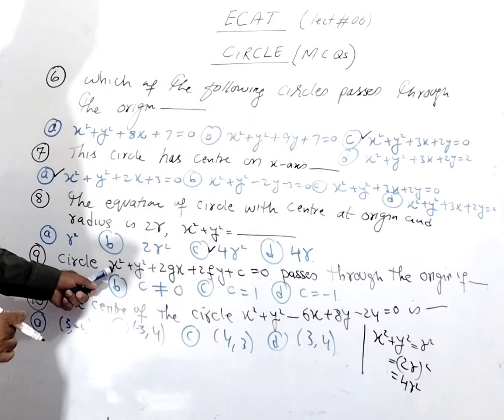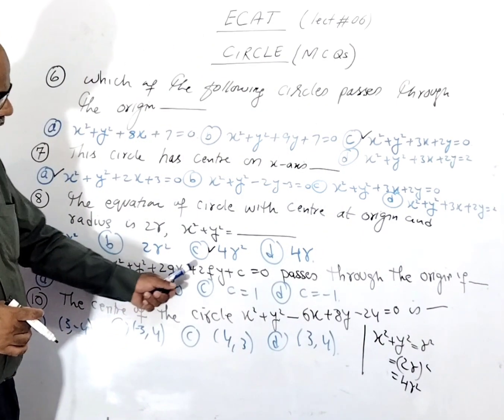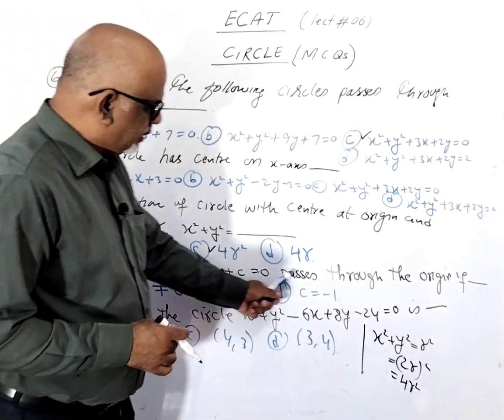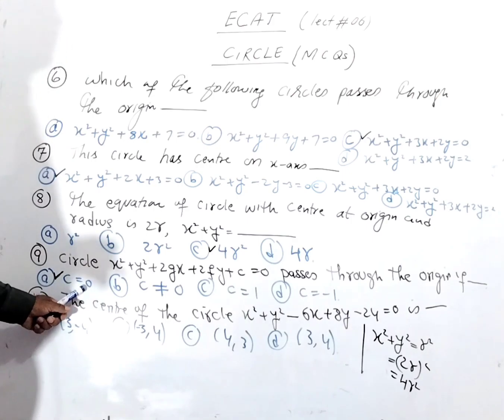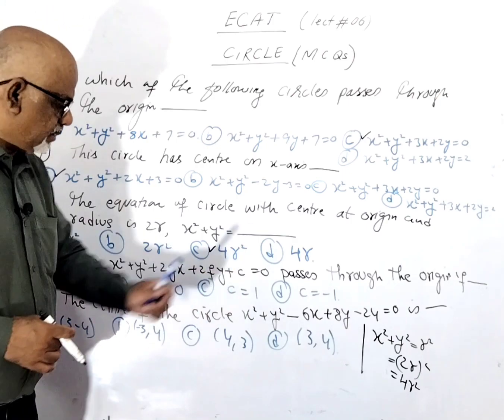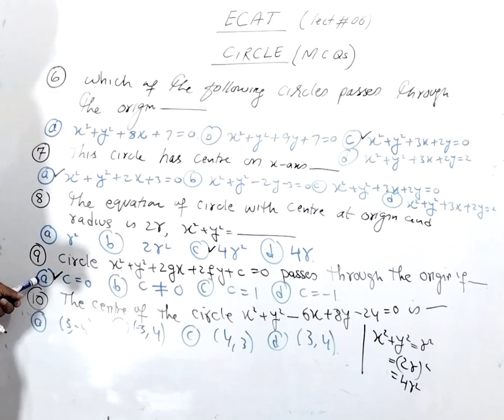So here x square plus y square plus 2gx plus 2fy plus c equal to 0 passes through the origin. That means c should be equal to 0 because there is no constant term here. So the A option is correct for the 9th MCQ.